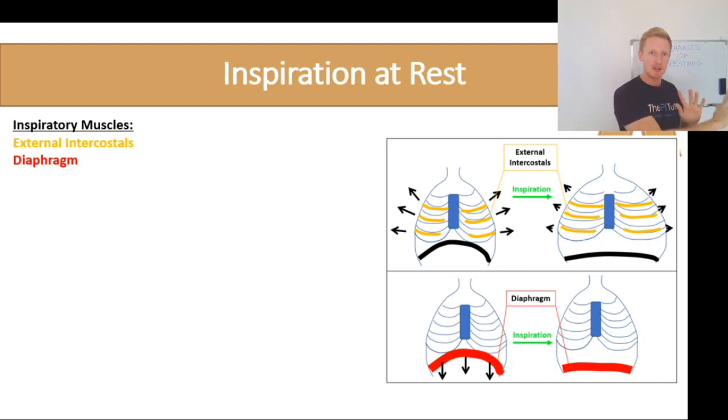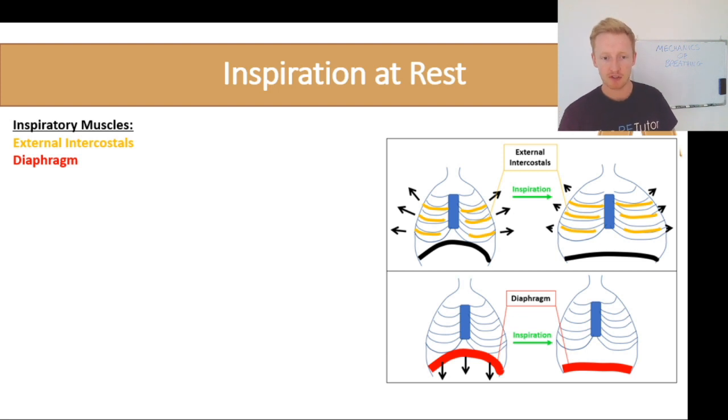They can't push it. So if we want to move our rib cage upwards, well, the muscle will have to be on the outside of it so it can then pull it in that direction. So our external intercostal muscles, they lie on the outside of our rib cage, and they can help pull upwards and outwards. The diaphragm, well, that's this red dome shape in the bottom half of this diagram.